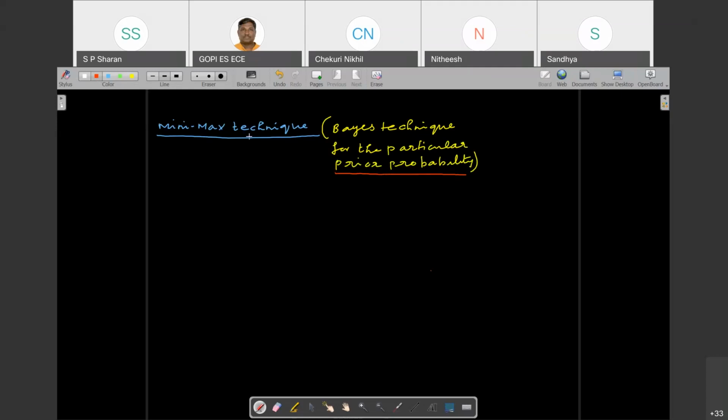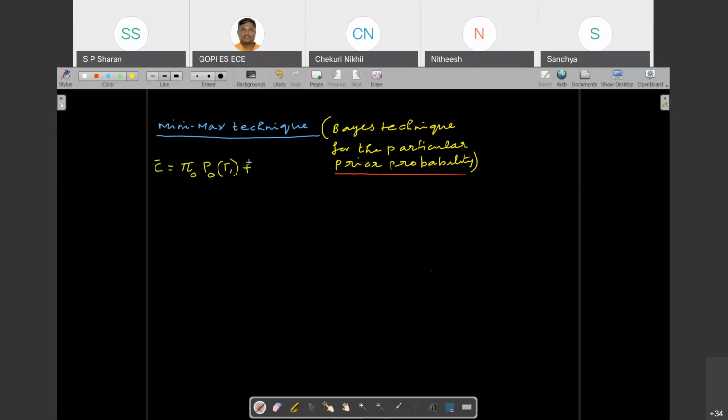So in case of the cost function, pi naught is the prior probability, and this is the error. P naught of gamma 1 is the error involved.